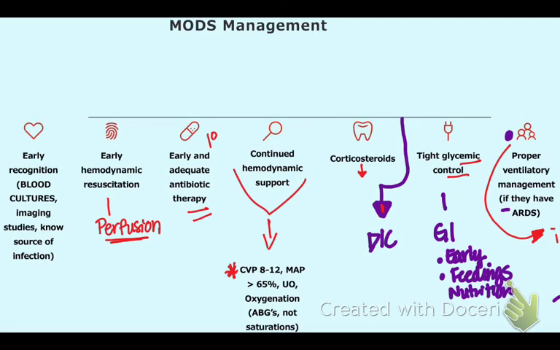Putting them on the ventilator, I think I said that wrong, but you know what I meant. Also, let's not forget that a lot of the septic patients can turn into ARDS. Because of this inflammatory response, they can actually get ARDS, so don't forget that.